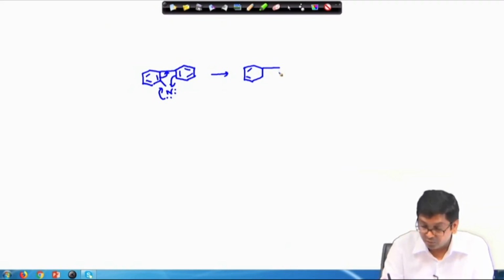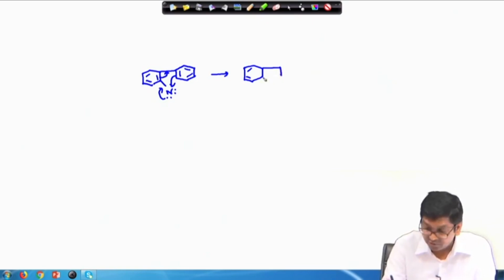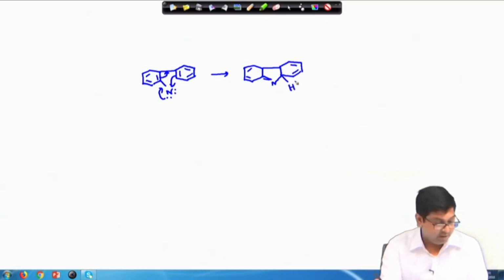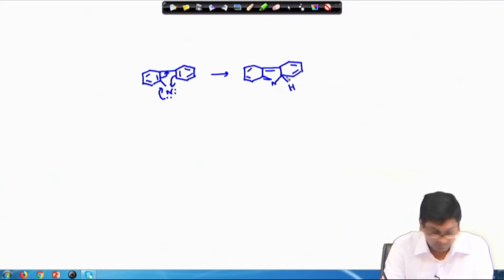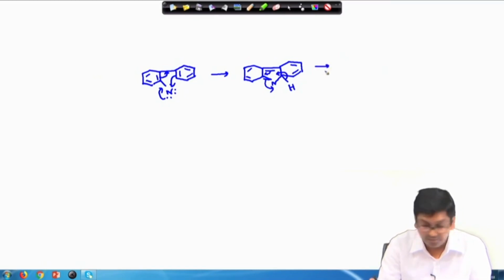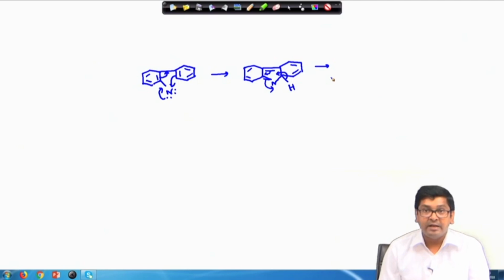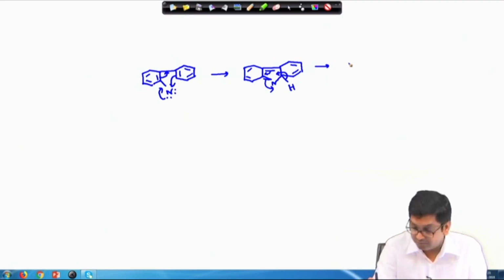It is actually happening in a stepwise way. So finally, it will give you a very important heterocycle, that is called carbazole.